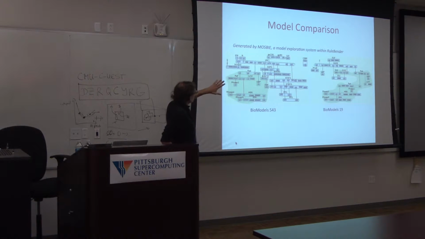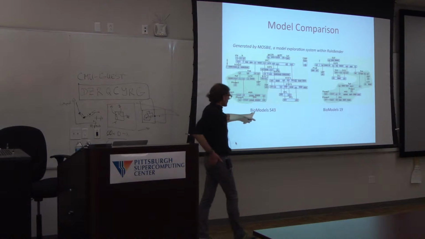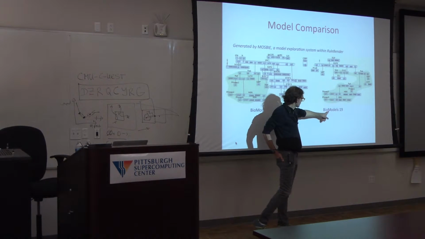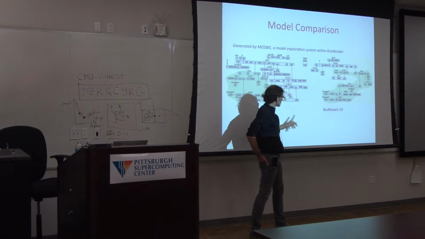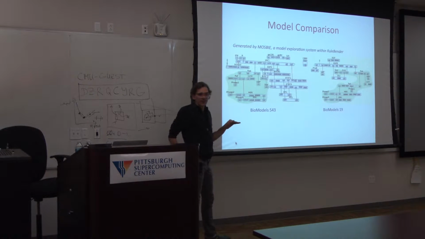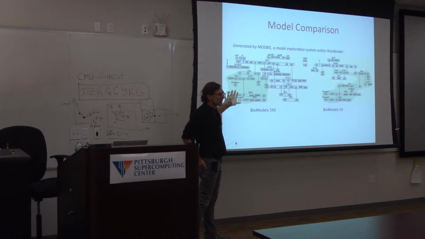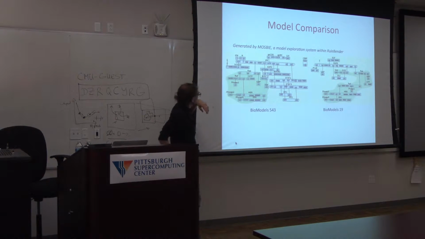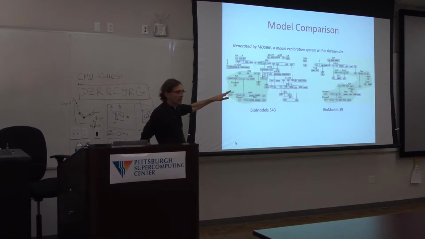And if we go to the BioModels database, and I would encourage any of you to go on the web now or sometime later and look up BioModels 543 and BioModels 19 and see if you can come up with any information about those models that's anywhere nearly as compact and accessible as the visual representations that I'm showing you here. So this is kind of a plug for the tool that Jose is going to talk about in the next talk.